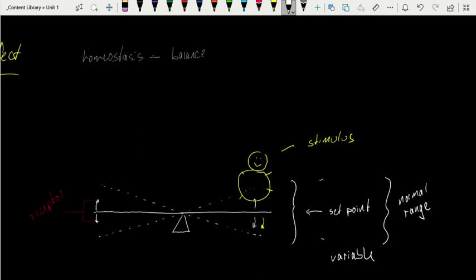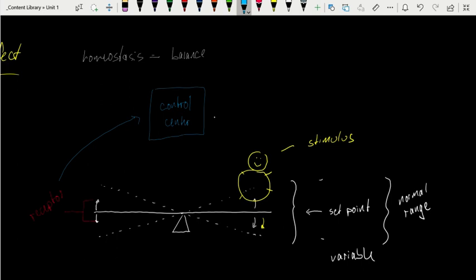Next up, the receptor communicates that information to the control center. The control center's job is to interpret information from the receptor, then activate an effector to restore set point.